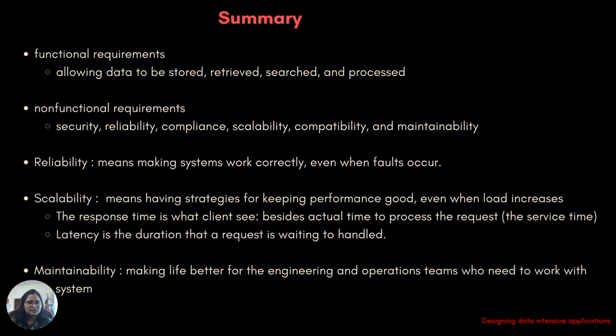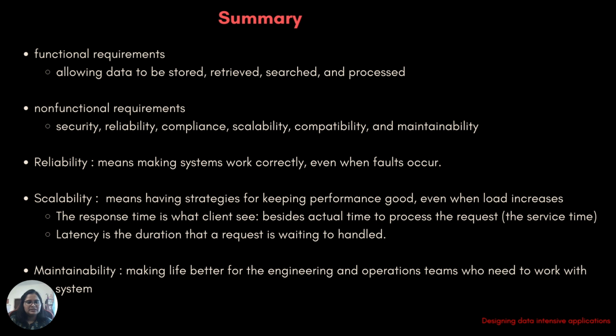We talked about functional requirements and non-functional requirements. Functional requirements include how we allow data to be stored, retrieved, searched, and processed, whereas non-functional requirements include scalability, security, and maintainability of the system. We also discussed the three main pillars to build a good system: reliability, scalability, and maintainability.